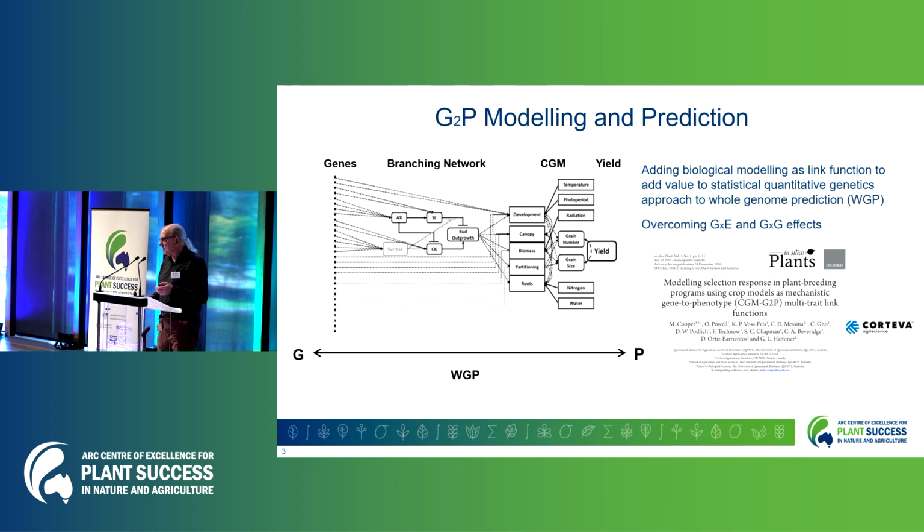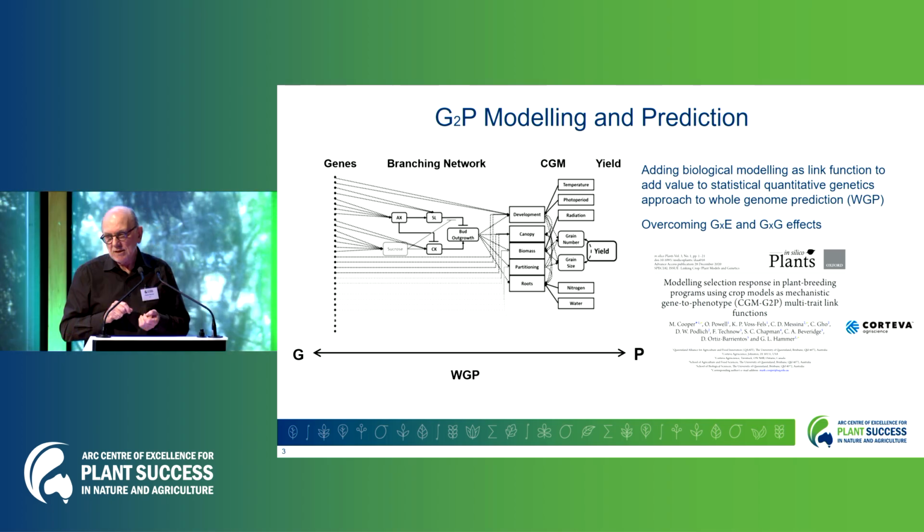What we're looking at doing is how to add biological knowledge into that system. The genomic prediction, if you look at the bottom there, the G2P with the whole genome prediction, is essentially going from one end to the other with a bit of a black box in the middle.